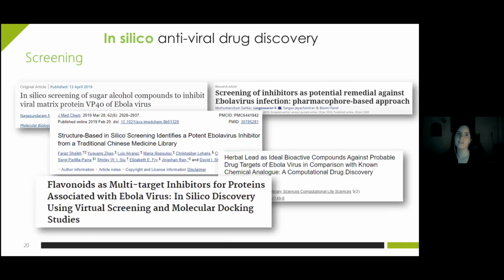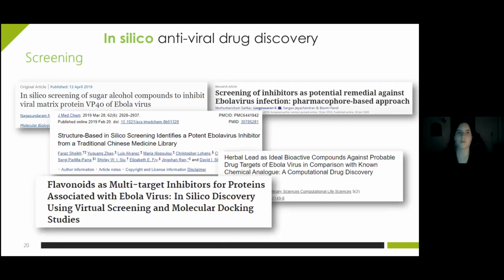Another key point in the use of in silico systems towards the discovery of antivirals is the fact that we have vast libraries of drugs, of compounds that can be either natural or that can be already approved drugs.